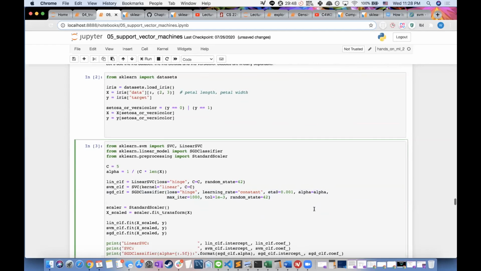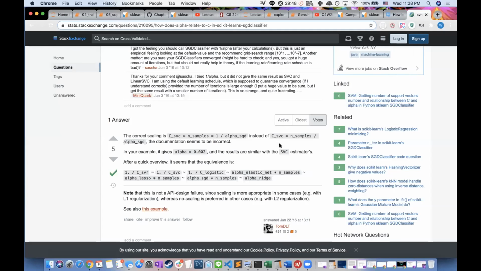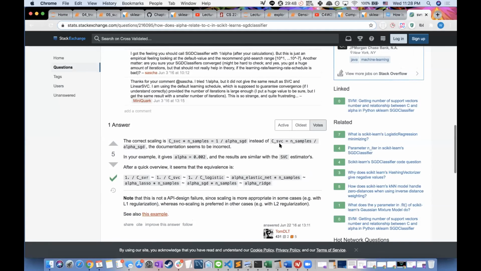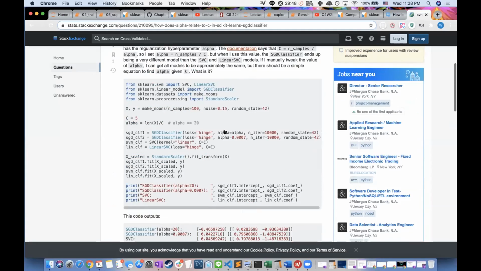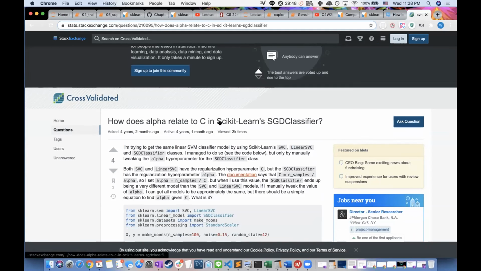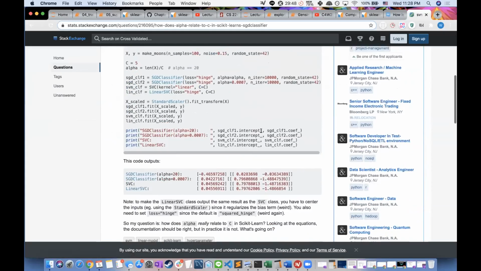I was looking up why he calculated alpha this way, and I found this. Someone asked how alpha relates to C in scikit-learn's SGD classifier.